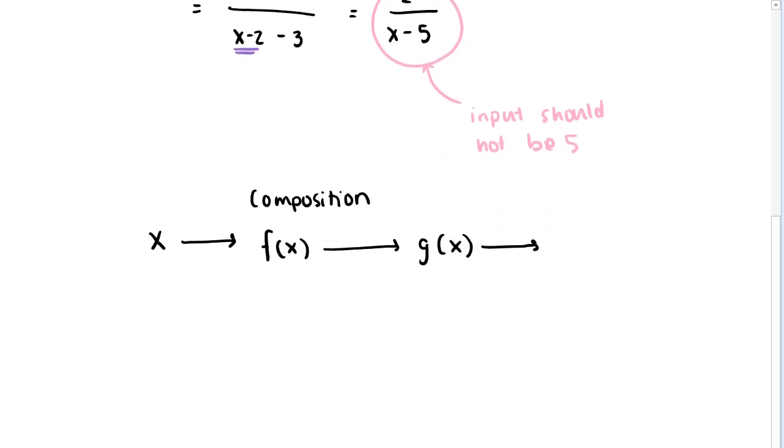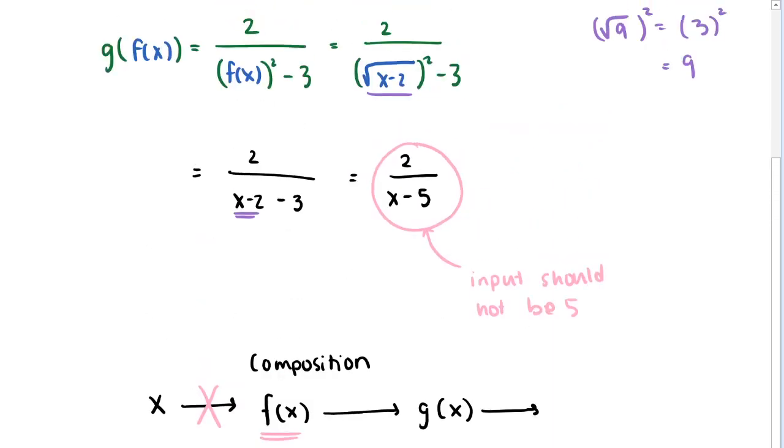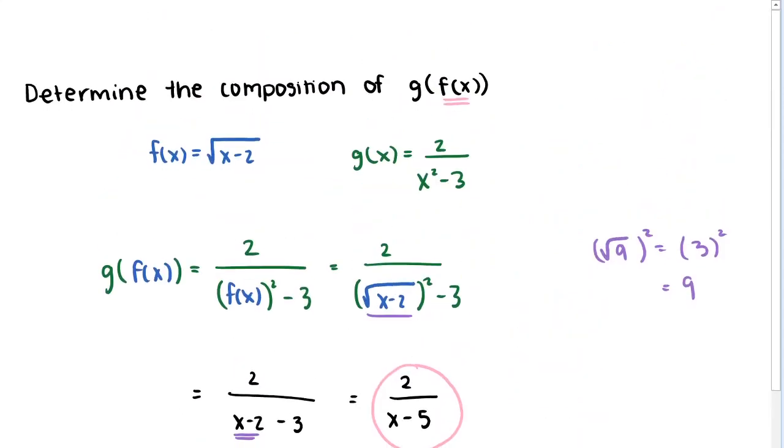But if there's a number that I cannot plug into my f function, in other words, I couldn't have plugged into f to begin with, then it breaks this whole composition, and I'm not going to get a reasonable output out. And so if we look at our above example, is there anything I can't plug into my f function to really compute a composition for? Well, my f function is this square root function here. And what's the domain of this square root function?